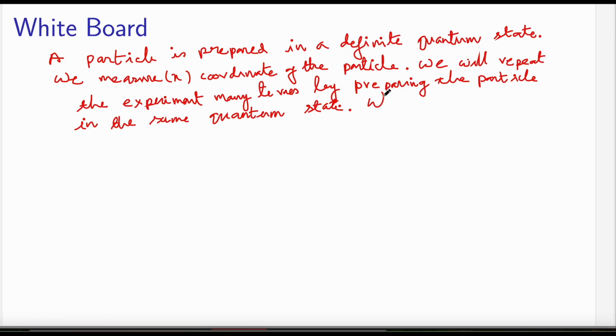We may observe a different value of x every time.